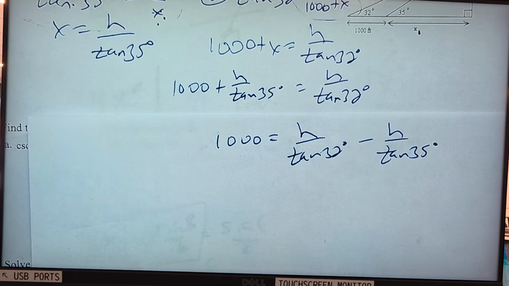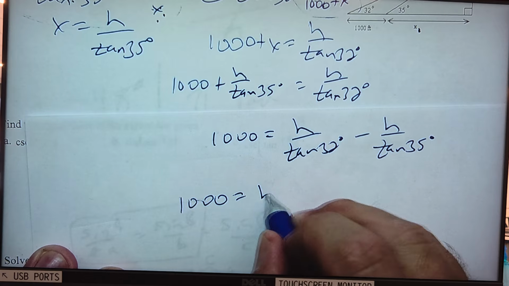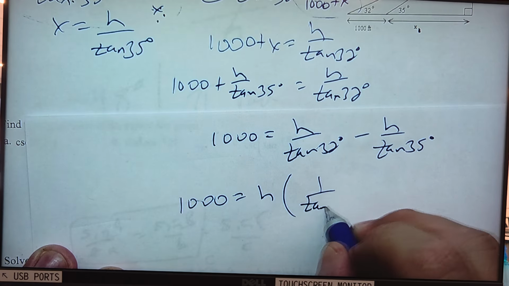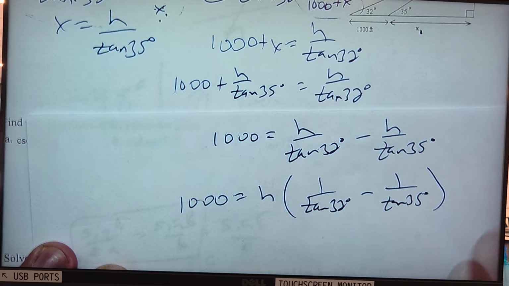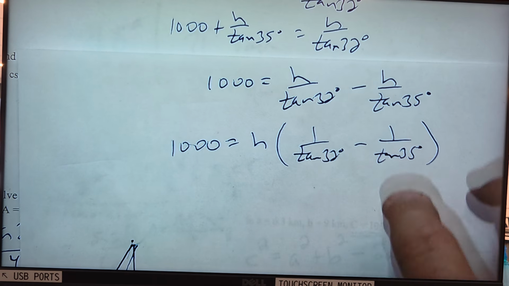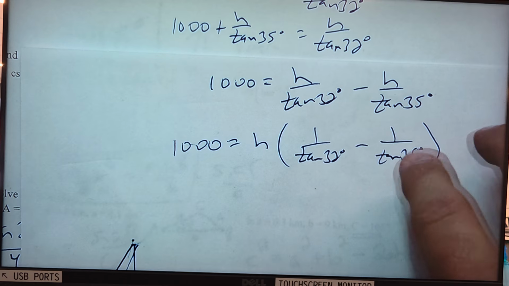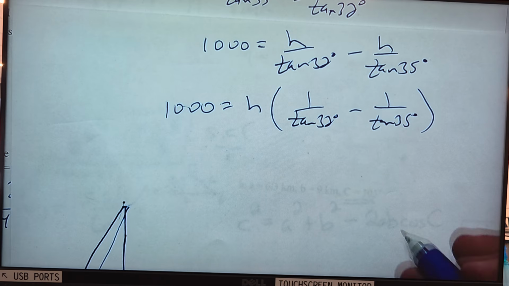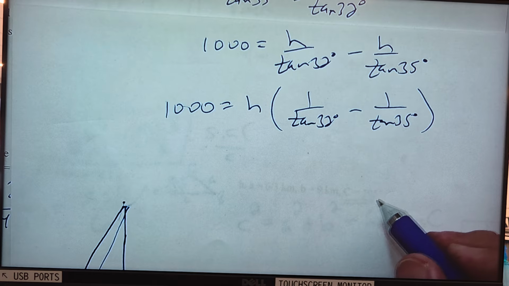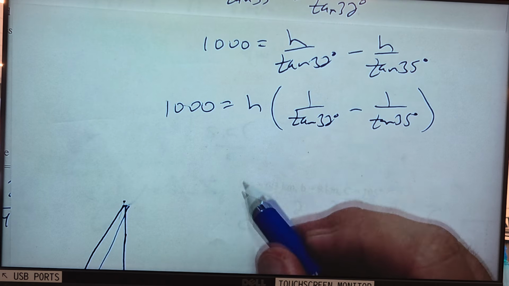What am I left with if I factor an h out? Don't overthink this. 1 over tan 32 degrees minus 1 over tan 45 degrees. Now this looks gross. I don't care. Because we're almost at the point where we just let the calculator worry about it. What's the next step? How do we get h by itself? What do I want to get rid of?